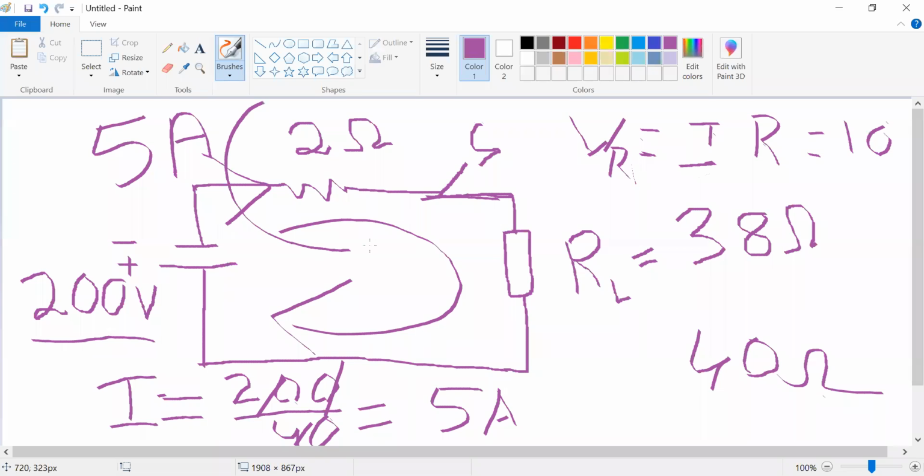So a 10 volt drop occurs across this resistance. The total source voltage is 200 volts, so 200 minus 10, the remaining voltage, appears across this load. The voltage across the load is 190 volts.